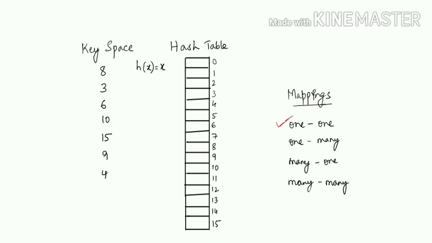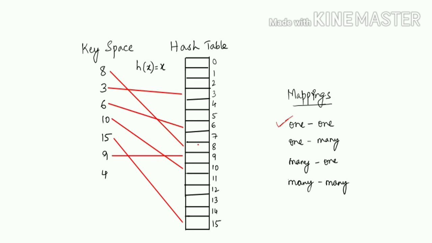So 8 is stored in 8, and 3 is stored in index 3, 6 is stored in index 6, 10 is stored in index 10, 15 is stored in index 15, 4 is stored in 4.